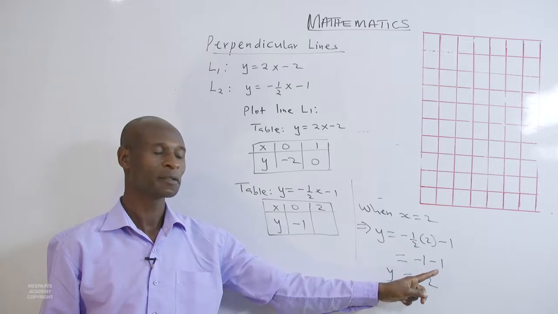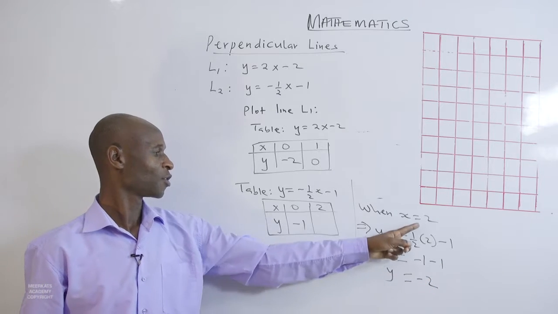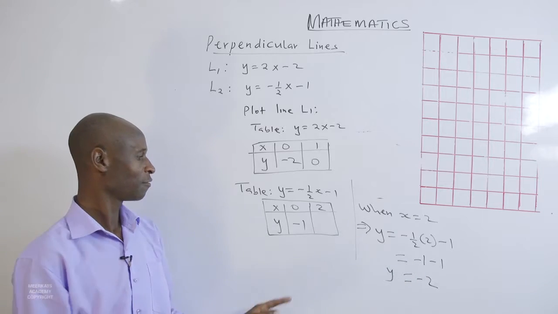Then we subtract 1, which gives us -2. So when x is 2, the y value is -2.